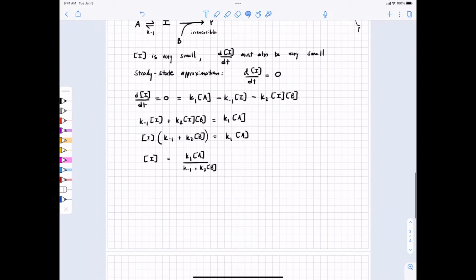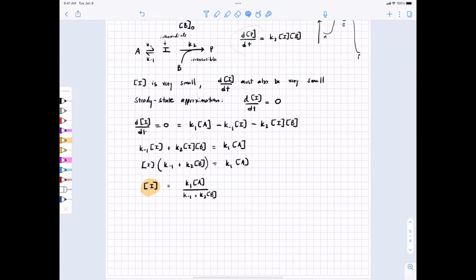Now let's plug this expression for I back into our rate law here.